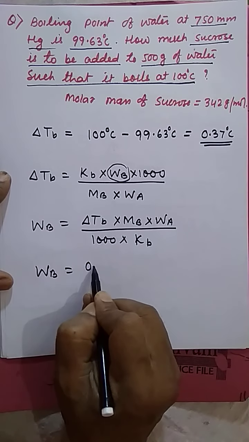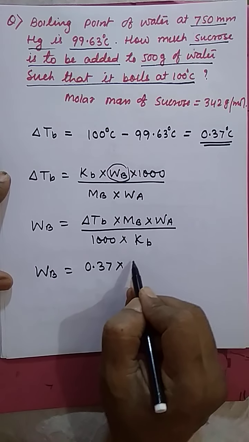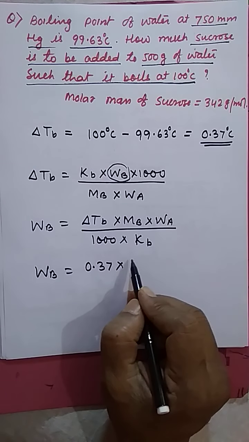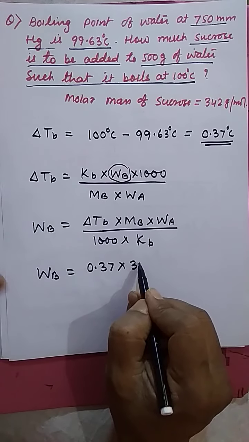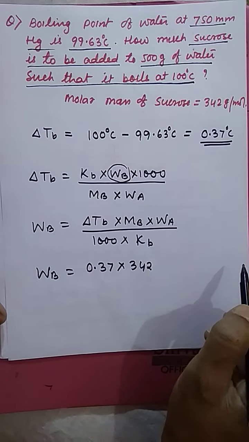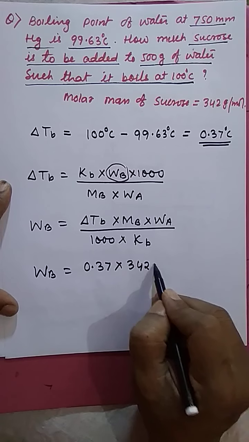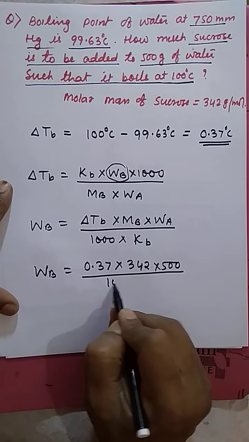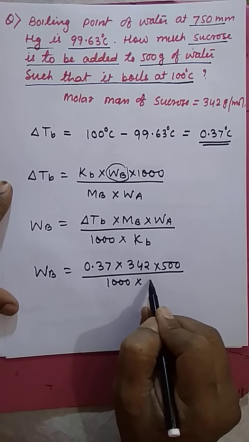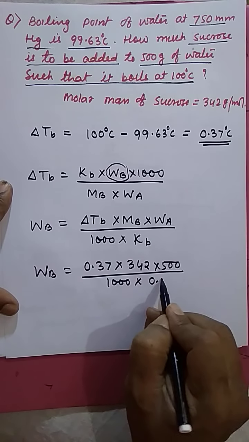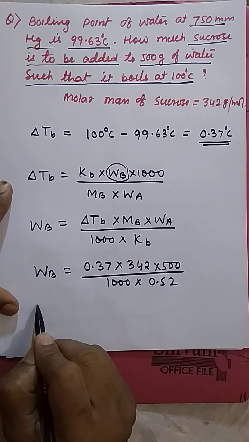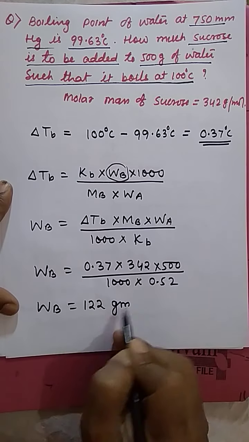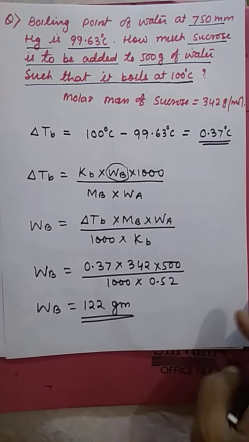WB is equal to 0.37 into MB, the molar mass, this is 342, and WA this is 500, and this is 1000 into Kb value 0.52. If you calculate it, it will come 122 gram. This is the mass of sucrose.